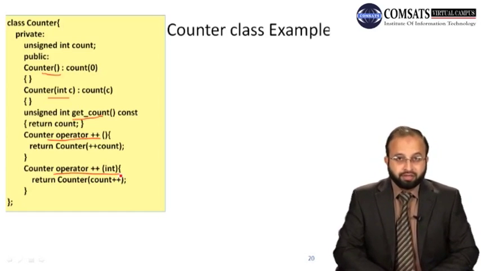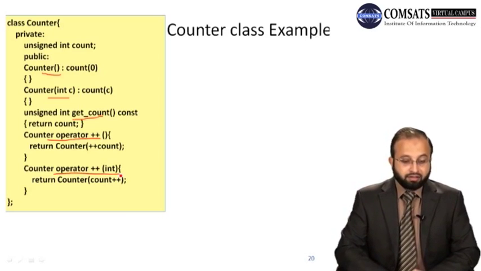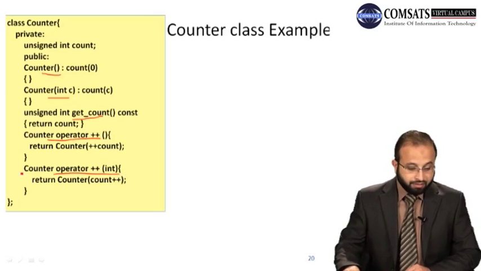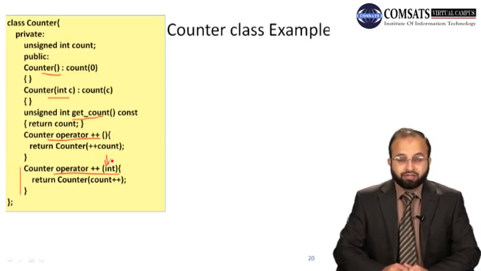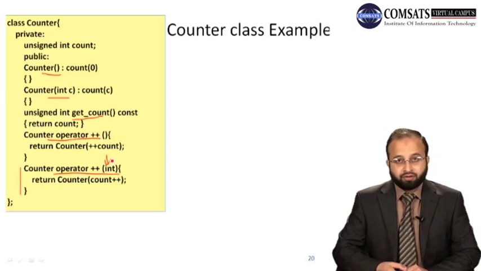So post increment जब भी a plus plus operator exist करेगा किसी भी object के साथ counter class के, this function will be executed, and to make it different from the pre-increment function, C++ uses a keyword integer. ठीक है, so this integer is not an argument, this is just here to mention that this routine is for the post increment operator.